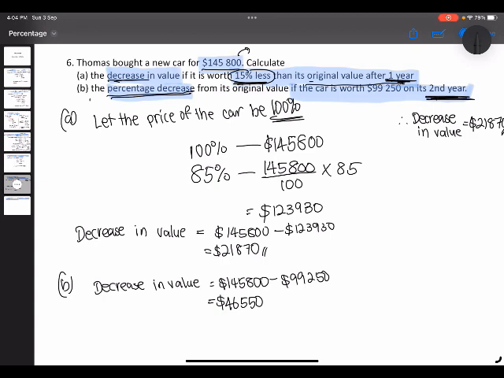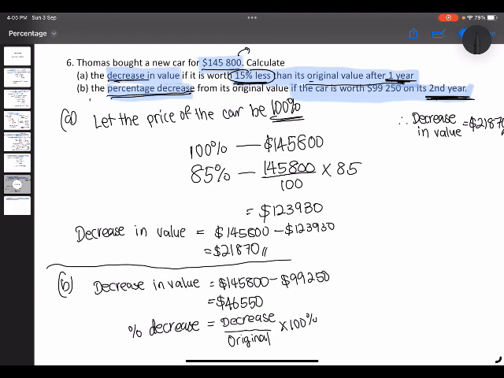So in order to find the percentage decrease, using the formula that your teacher had taught you in primary school, it is decrease over the original times 100%. So the decrease is the one I stated here.